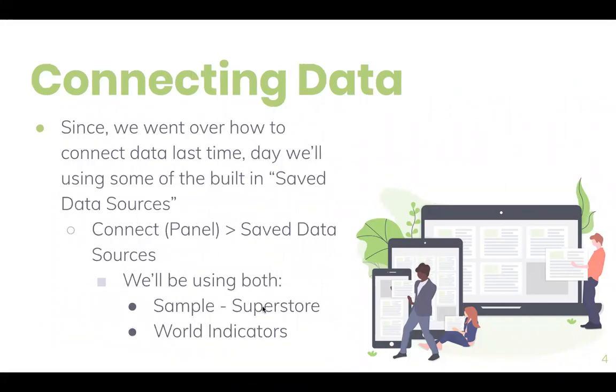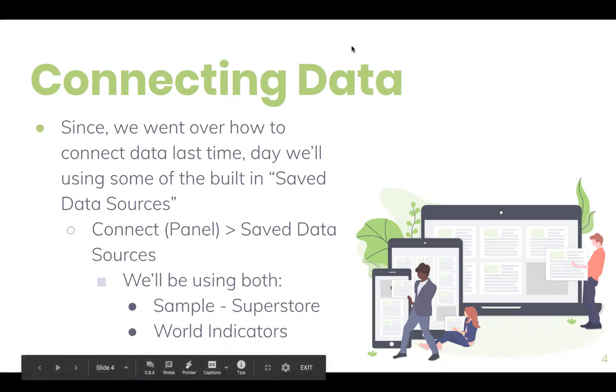Now we'll go ahead and illustrate the importance of these characteristics. Since we went over how to connect data last time, today we'll be using some of the built-in saved data sources in Tableau. Under the Connect panel that you see when you open Tableau, within that section under Saved Data Sources, we'll be using both Sample Superstore and World Indicators.